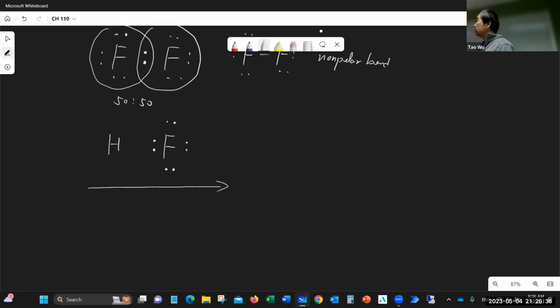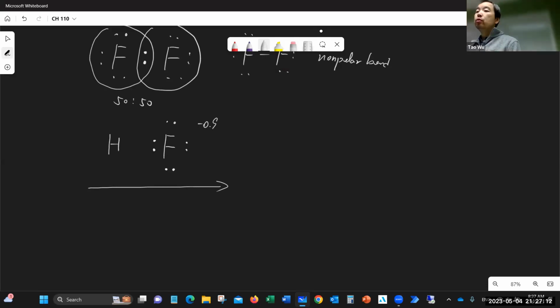If the fluorine completely gained the electron, then the fluorine would have one negative charge. That makes sense, right? But this is not completely gained; it has probably 90% share of these electrons, which means fluorine will have a little bit more negative charge. Maybe it's not exactly one negative charge, but like a 0.9 negative charge, not exactly -1.